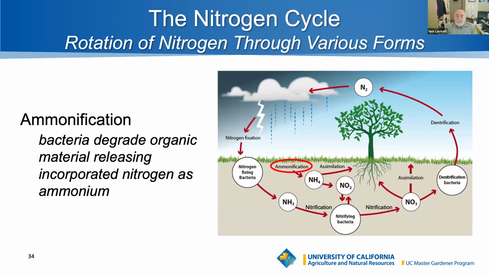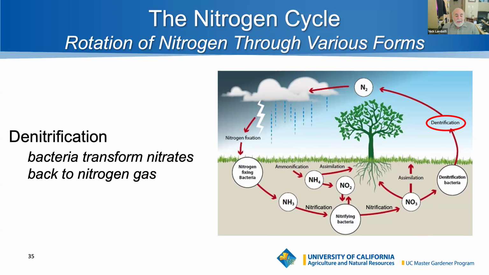Ammonification is the process by which bacteria and fungi degrade organic material, releasing the incorporated nitrogen as ammonium, which can then be reutilized by the plants. And denitrification, which primarily occurs under low oxygen conditions, is the process by which bacteria transform nitrates back into nitrogen gas, which returns to the atmosphere.